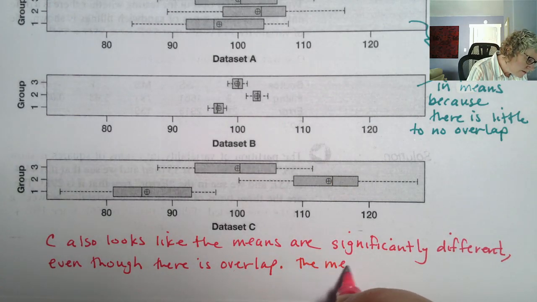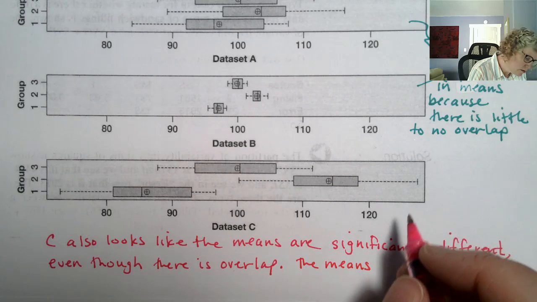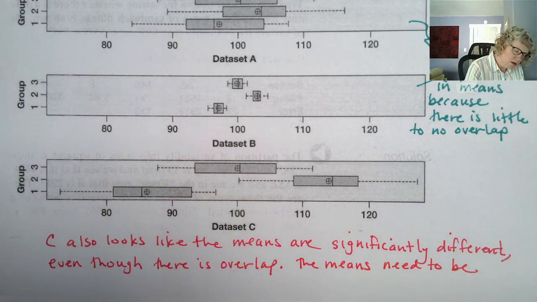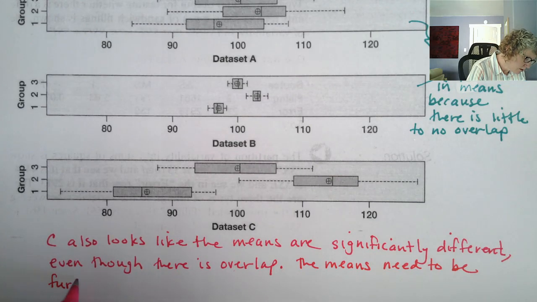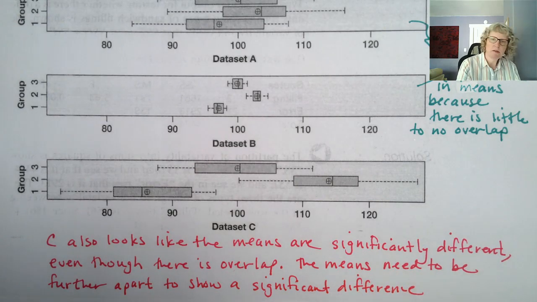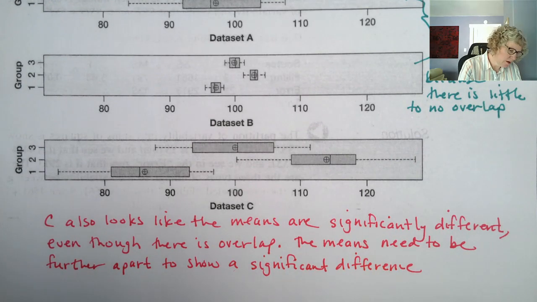So the means need to be further apart to show significant difference when the spread is high, when the spread is higher.